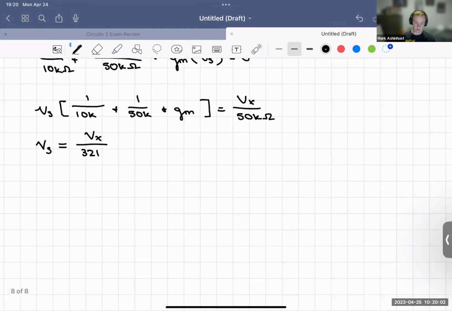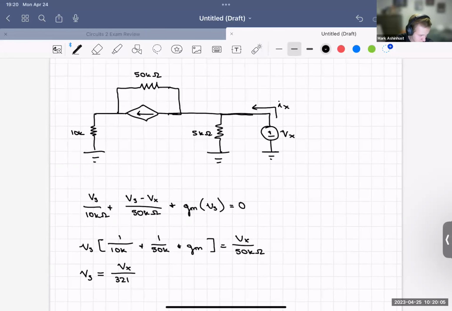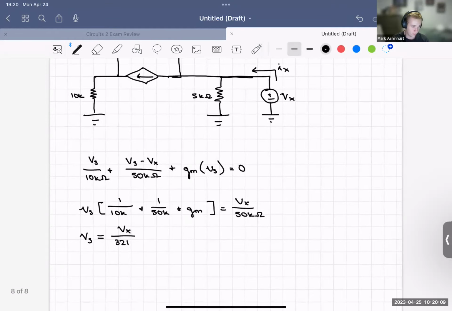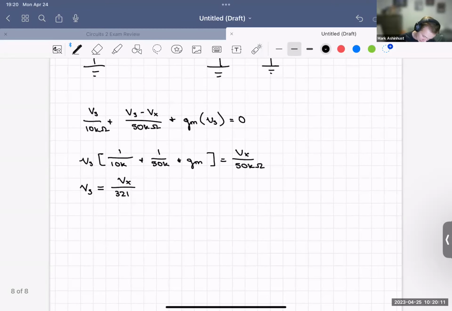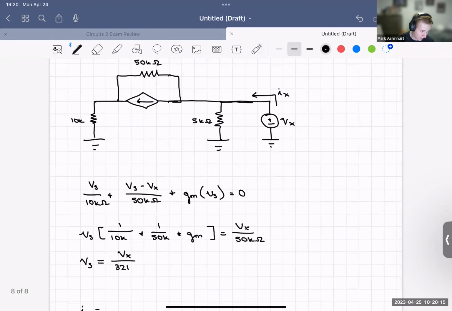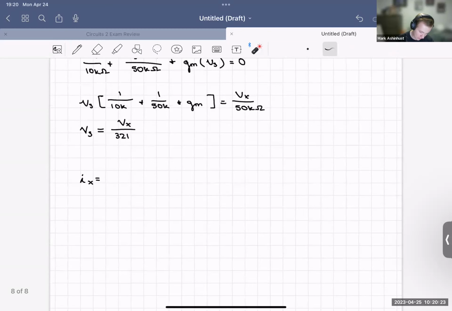And now we can go to the test source. So the test source at VX, and we can put it in terms of IX. So IX is equal to this VX over down to ground. So we have VX to ground over that 5K.